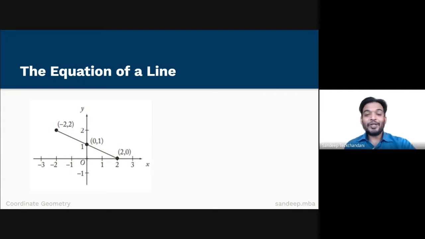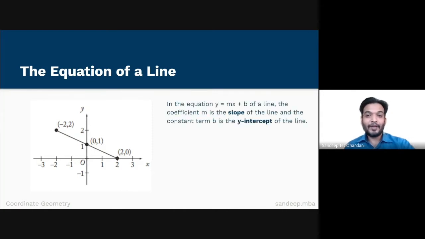In the equation y equals mx plus b of a line, the coefficient m is the slope of the line and the constant term b is the y-intercept of the line. For any 2 points on the line, the slope is defined to be the ratio of the difference in the y-coordinates to the difference in x-coordinates.